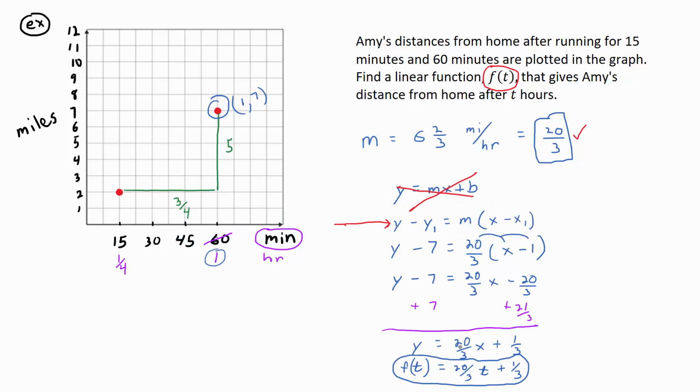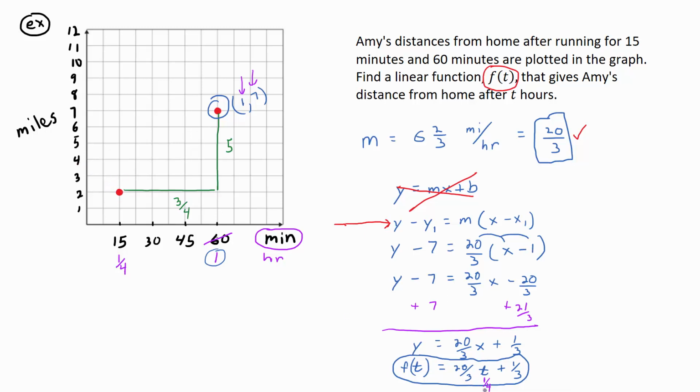You can check your answer here. Look, if you plug in 1 for the input, you better get 7 for the output. And you do. If you plug in 1 here, you get 20 thirds times 1, 20 thirds plus 1/3, 21 thirds, which is 7. And then if you plug in 1/4 instead of 1, the output had better be 2.